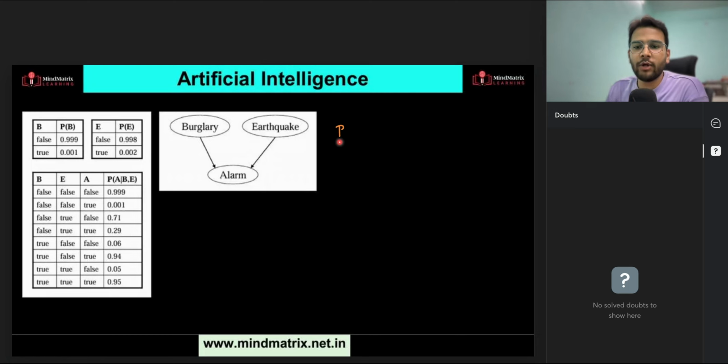Now the Bayesian network is given to you. Apart from that, in a Bayesian network you have the CPTs, the conditional probability tables, also given to you. Now if I ask you a simple question, let's try to solve it. Find out the probability that burglary is false, earthquake is true, and alarm is true.